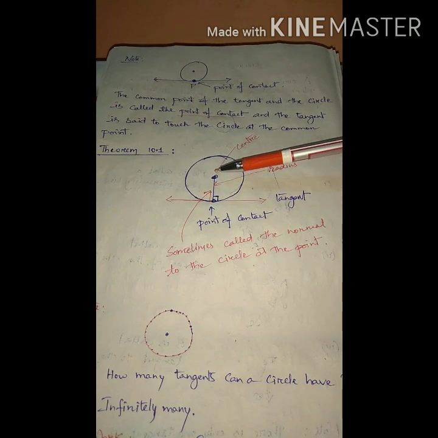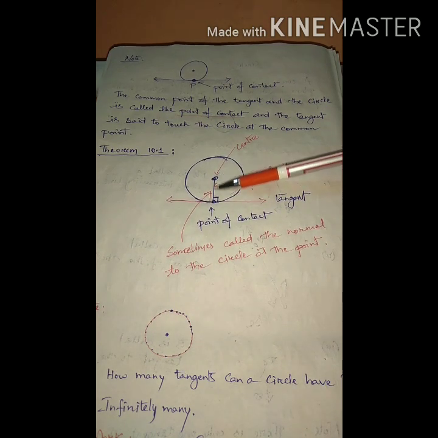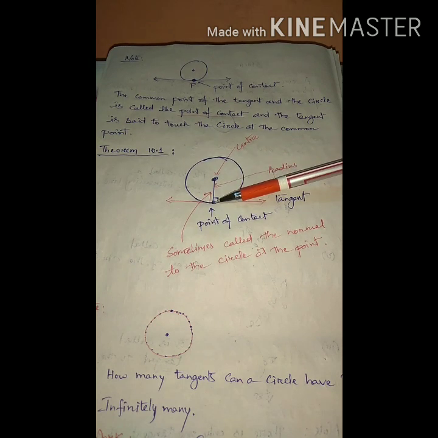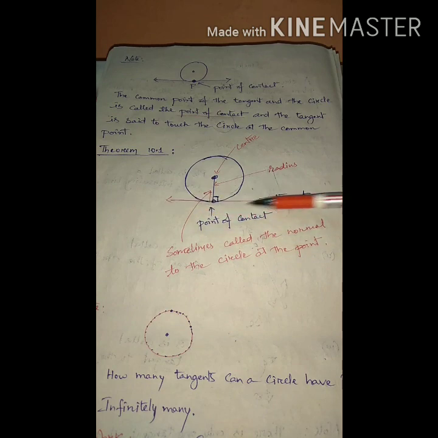Now what you have to do is join the center to the point of contact. If we join the center to the point of contact, you see this line is the radius. So this radius is always perpendicular to the tangent. Is it clear? That's why if it is perpendicular, then it is 90 degrees. So the radius is always perpendicular to the tangent.